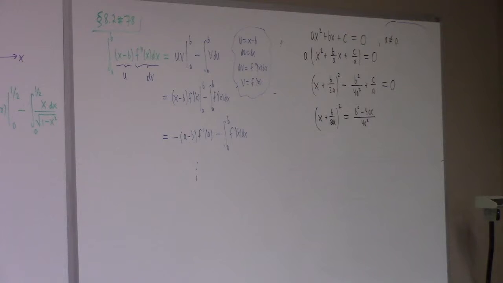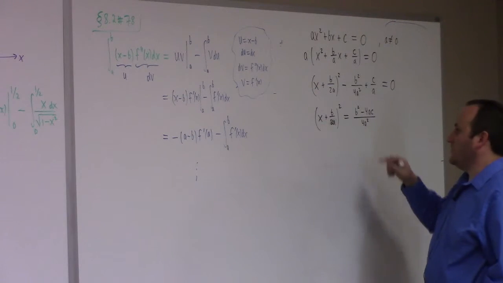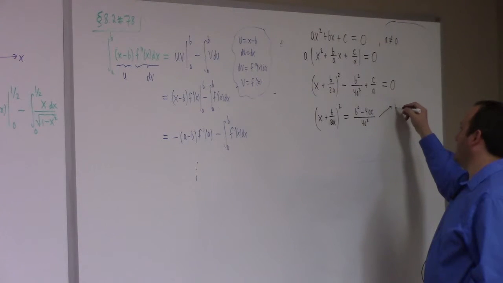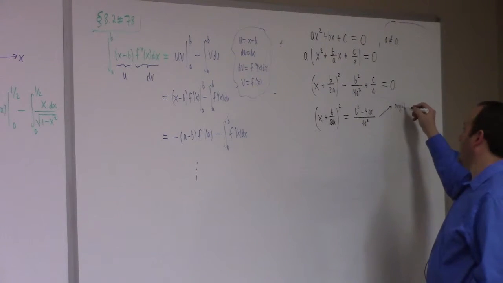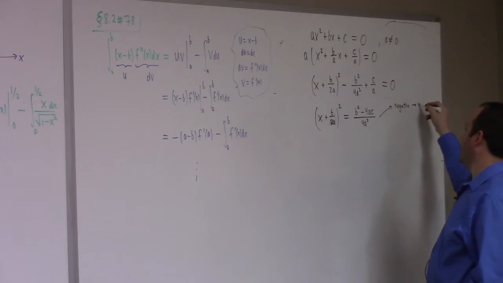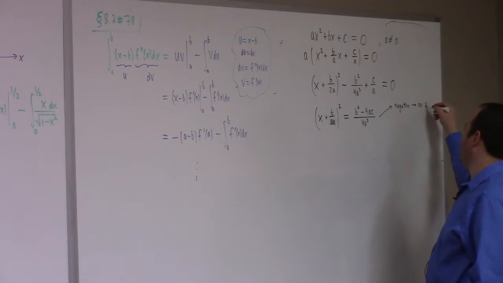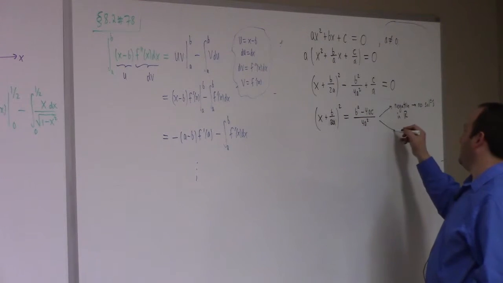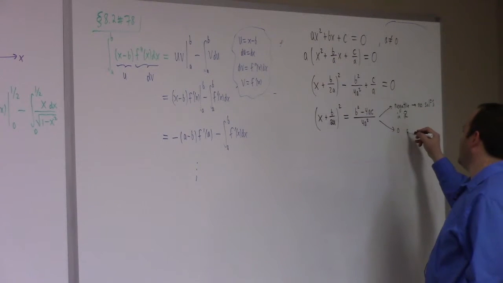And if I have a quantity squared equal to another quantity, what are the possibilities? Either this is, if this is negative, that says that there are no real solutions, right? If it's 0, we get a double solution.